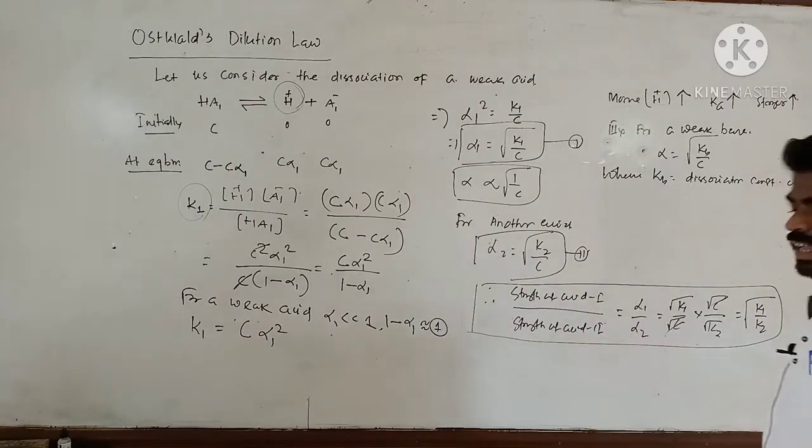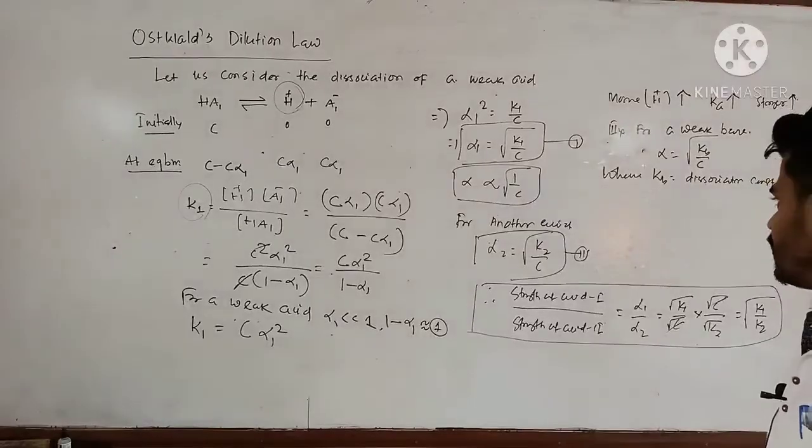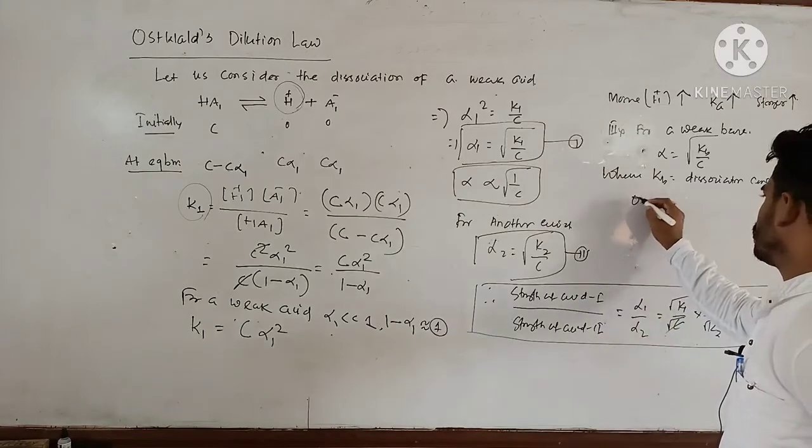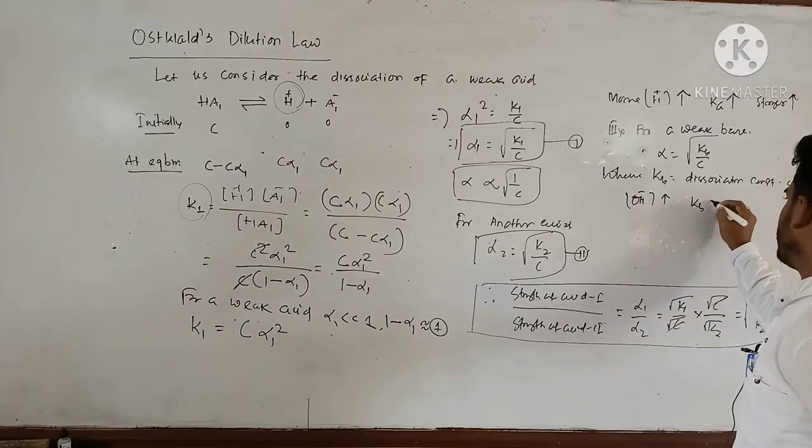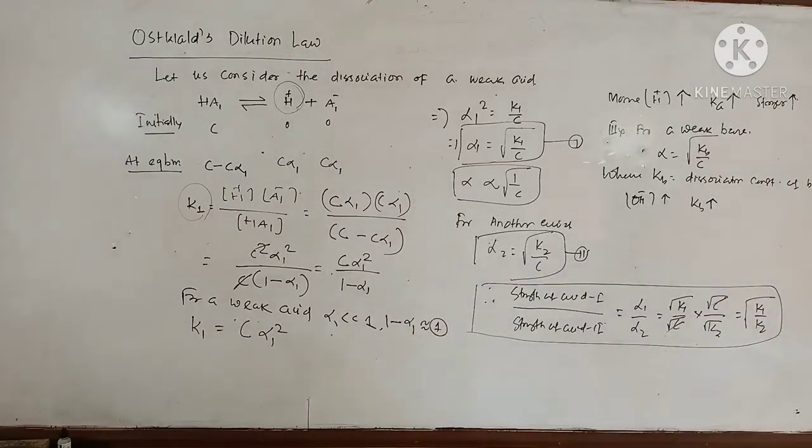Again, the strength of a base depends upon the concentration of OH minus ion. So the more the concentration of OH minus, the more will be the value of base dissociation constant Kb, and hence the stronger is the base.